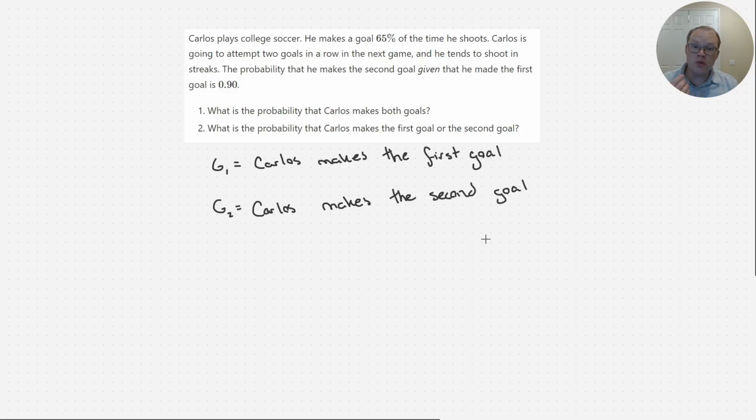Because Carlos makes goals 65% of the time, we know that the probability that he makes the first goal, generally without any additional information, is 65%, and the probability that he makes the second goal is 65%. We are also told that the probability that Carlos makes the second goal, given that he's made the first goal, is 0.90.